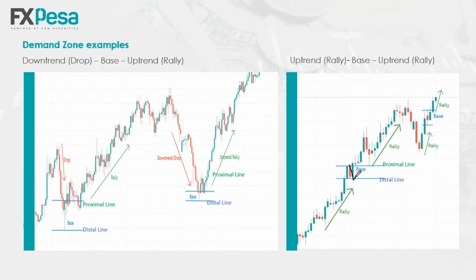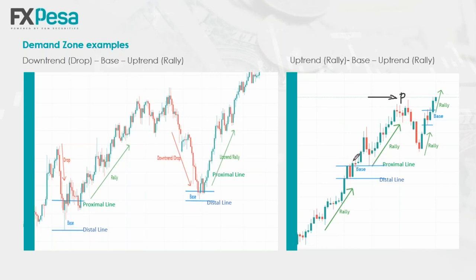It can actually be a single candlestick. In this case, you will notice that though the pullback was constituted by one bearish candlestick, the fact that we had marked this zone, as I have stated, this is our proximal line because this is where the price is. The line closest to the current price is what we are calling the proximal line.